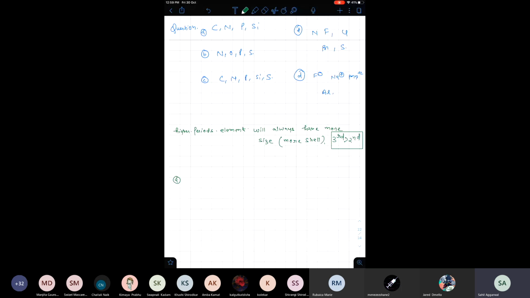First answer. Carbon, nitrogen, phosphorus, silicon. Carbon is bigger than nitrogen. Silicon is bigger than phosphorus. But these are third period, second period. So silicon, phosphorus, carbon, nitrogen.